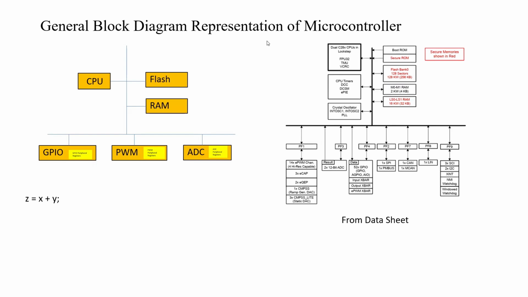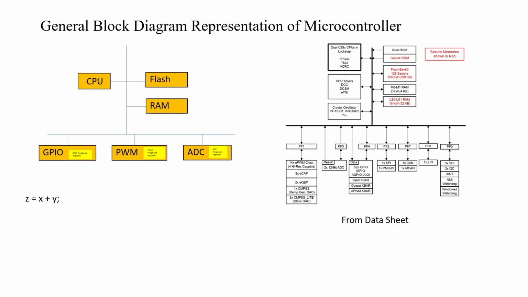So, the general block diagram representation of a microcontroller. If you see, there will be a CPU, a central processing unit, and flash, which is a non-volatile memory, which means if the power goes, the data in the flash will still exist.